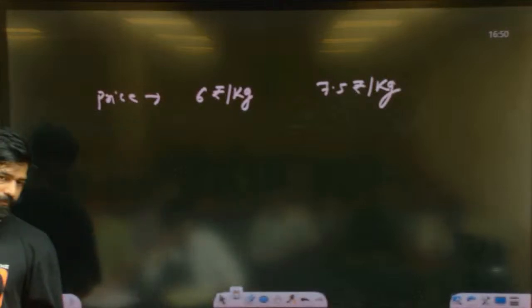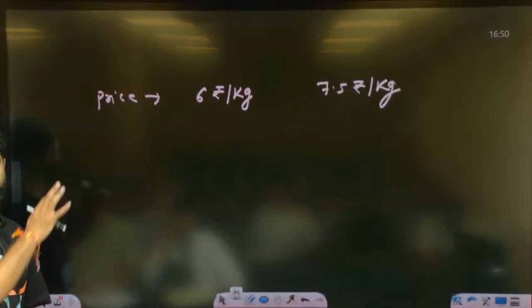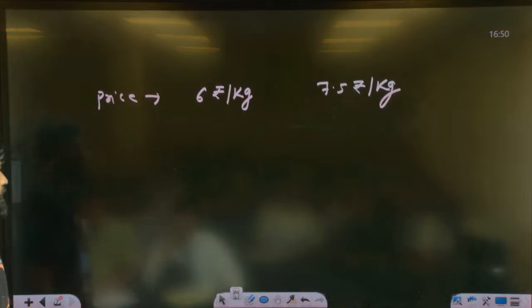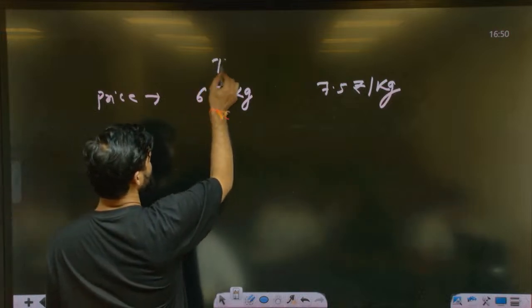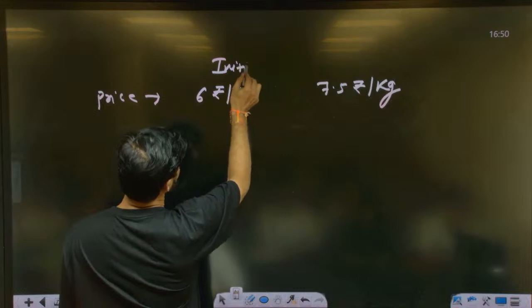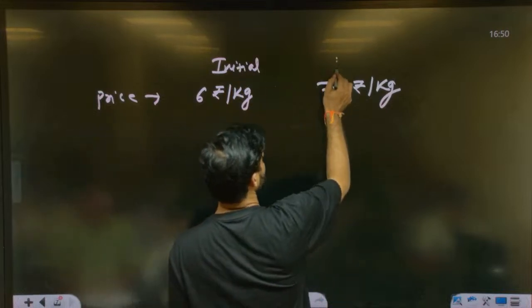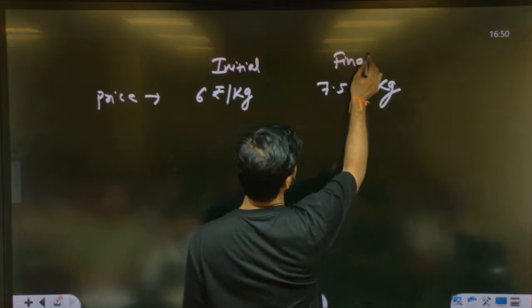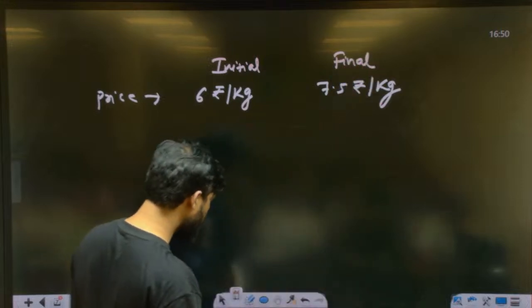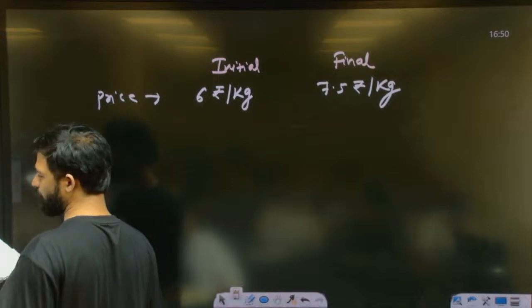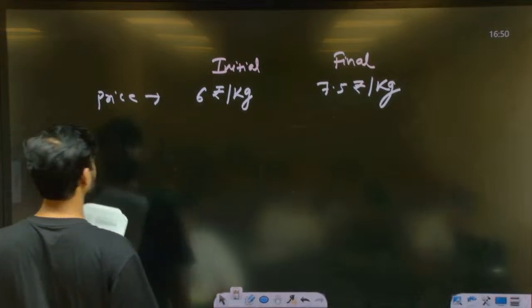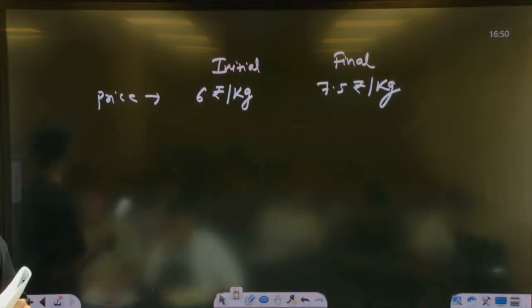Okay, look at the board. So there is information about price. I can say that this is initial price and the price after increase is 7.5 rupee per kilogram. So I can say that this is final price, isn't it? There is additional information about expenditure also, that expenditure remains same.